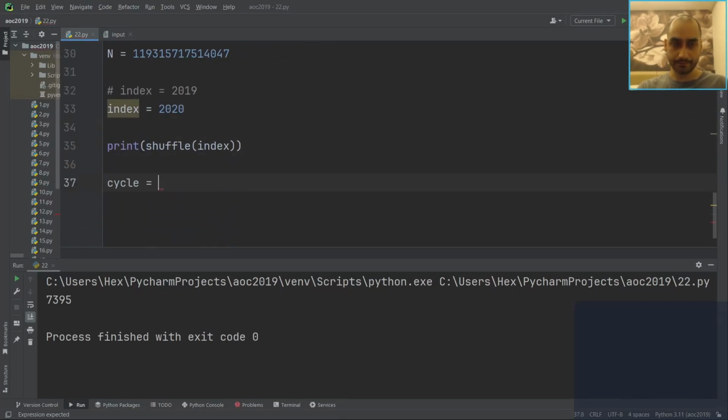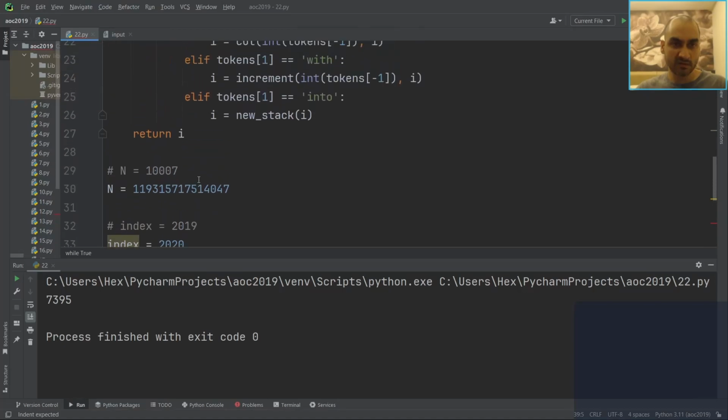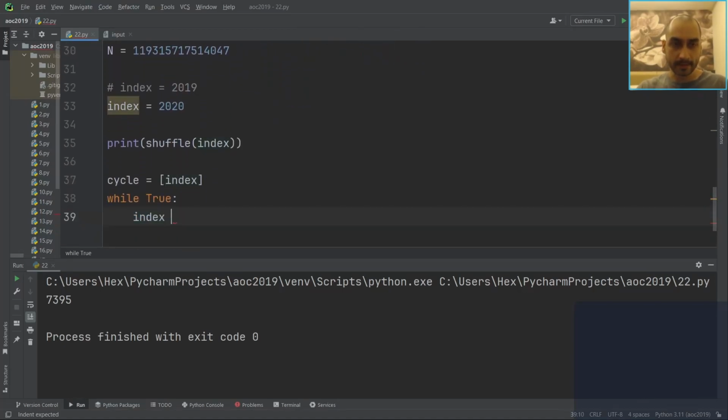Cycle equals. So the first position it starts at is 2020. We just want a full list of all the places it's been. So while true, index equals shuffle index.